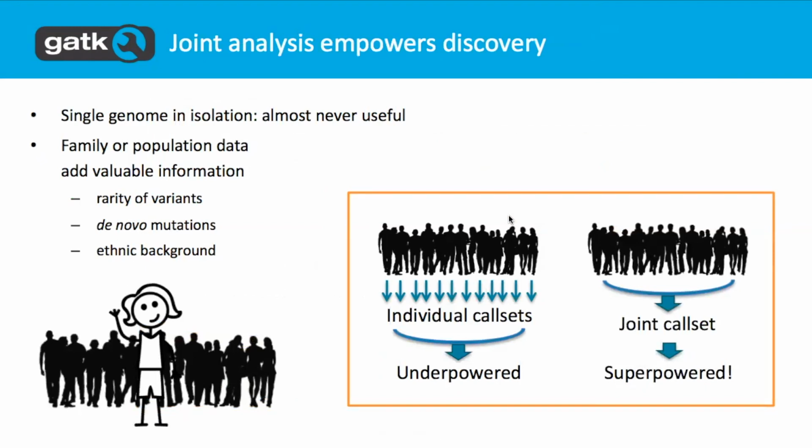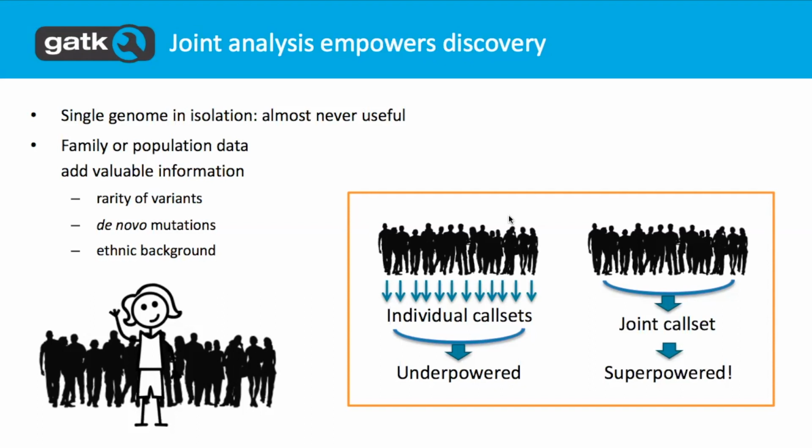Andre went over joint calling a little bit. So why do we do it? We do this because a single genome in itself is not giving you much information. For example, you find a variant in a sample, and you want to see if it's associated with any disease. How do you know that a variant call has some biological consequence?